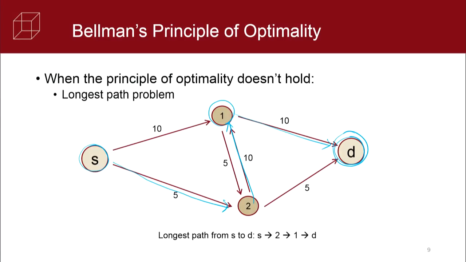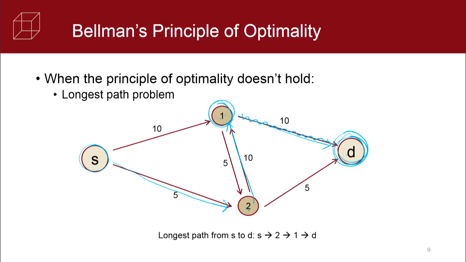If the principle of optimality holds in this problem, this subsolution of the optimal solution of the original problem must be the optimal solution to this subproblem of finding the longest path from node 1 to node D. Well, but you can easily see that the longest path from node 1 to node D must be 1 to 2 and 2 to 5 instead of 1 to D directly.